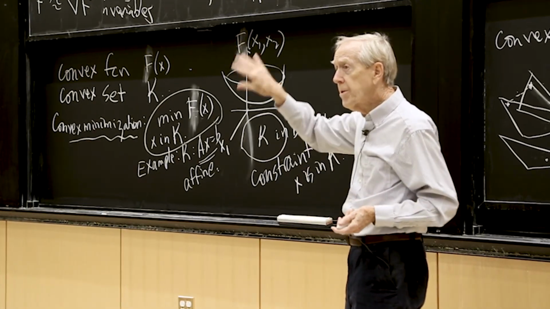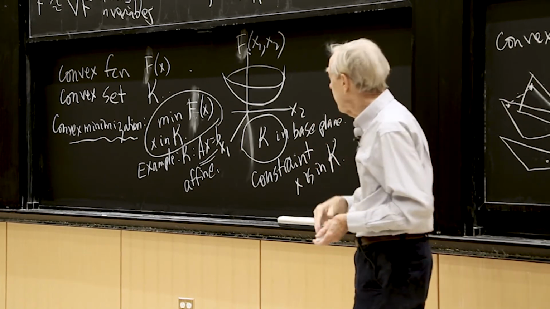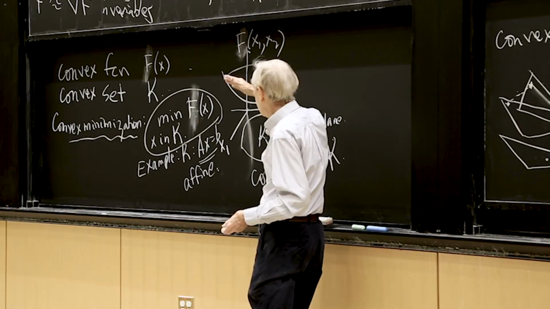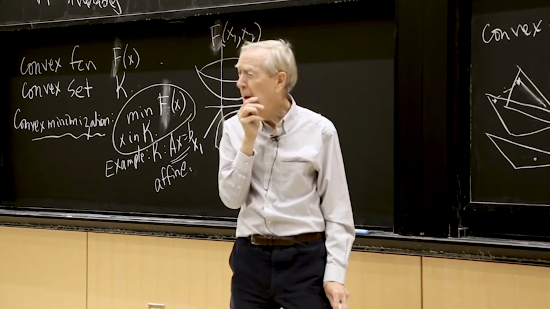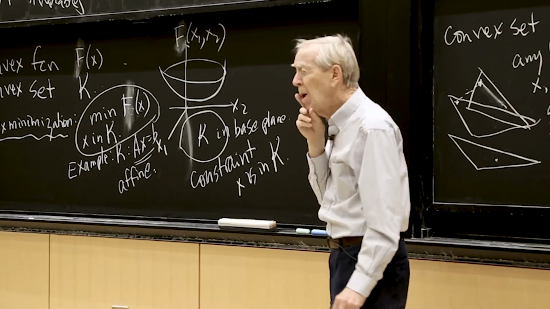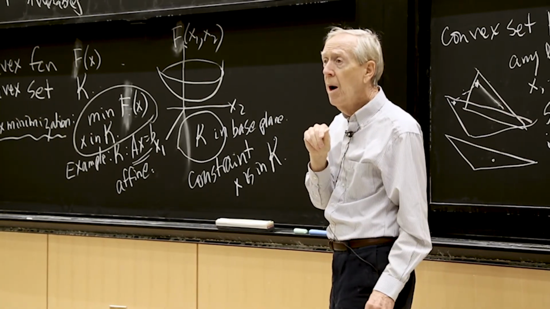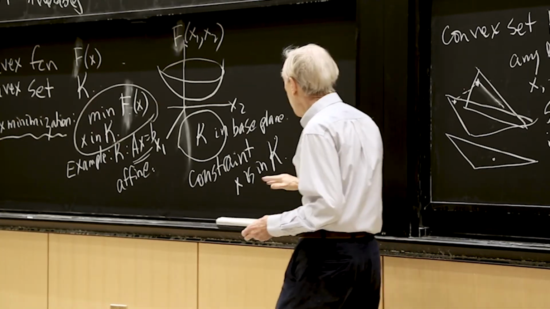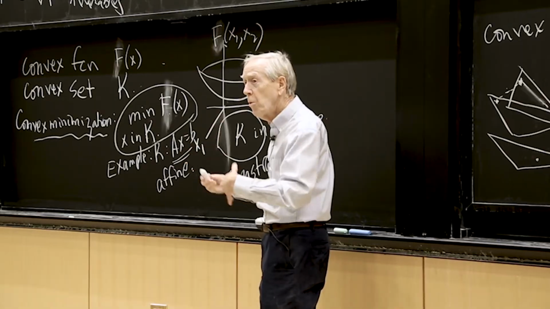Are the points on that surface a convex set? No, certainly not. But where is a convex set to be found here in that picture? Yes, the points on and above the bowl, inside the bowl, we could say.